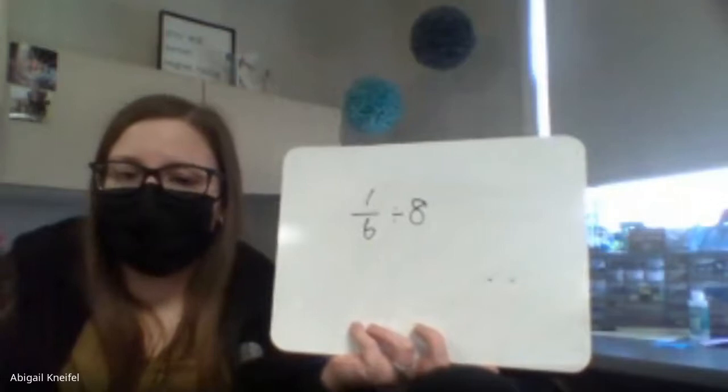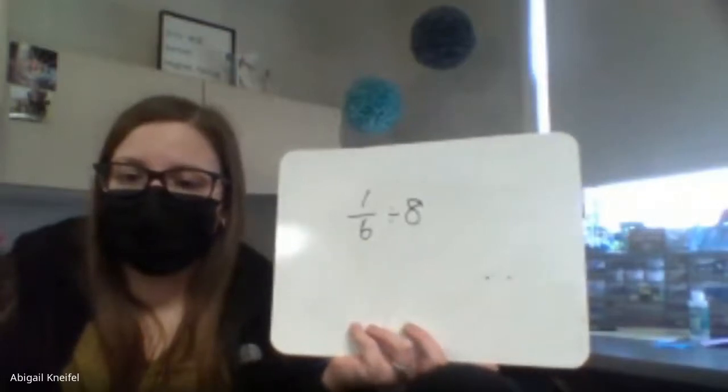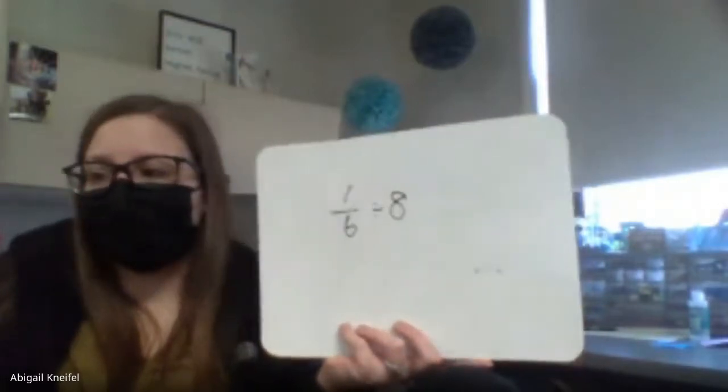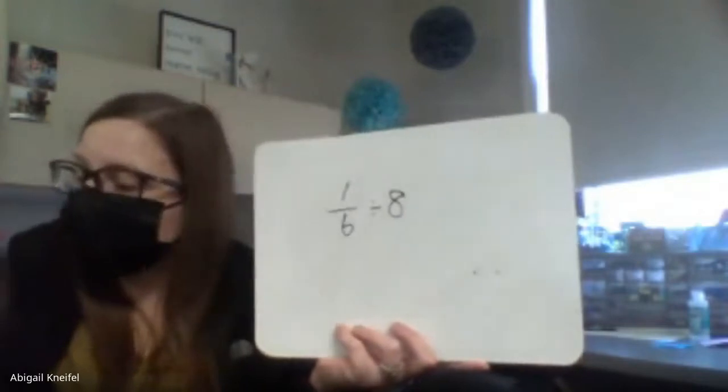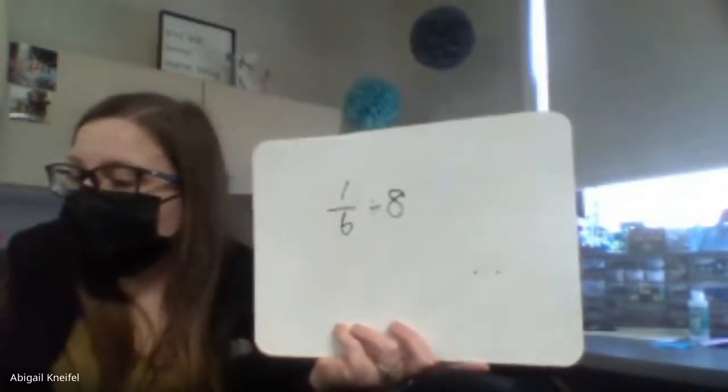Isabella, would you like to walk us through it? Okay. Tell me what to do, ma'am. Okay, so first you have to make 8 a fraction, so put 1 under it. And then use the multiplicative inverse.